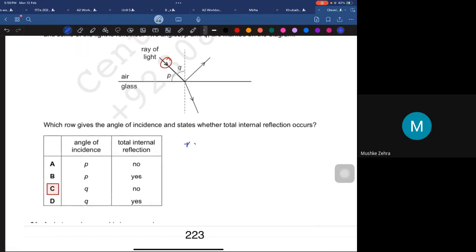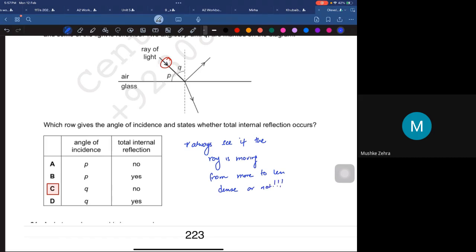So always, for everybody, always see if the ray is moving from more to less dense or not. That's very, very important. All right, kids.